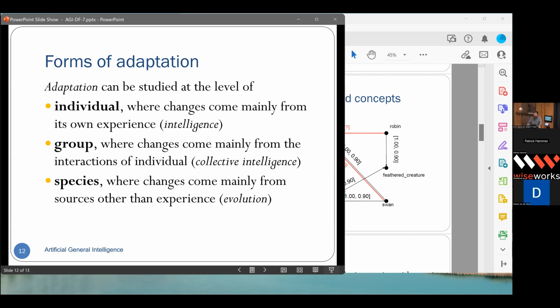And finally, we can even move to the level of species. That is, not only do we have a group, in this group we keep having new systems born and old systems die. And the new systems born have their configurations obtained through something similar to an evolutionary process, which means that with some change, not directly based on the individual or the species or the group's past experience.